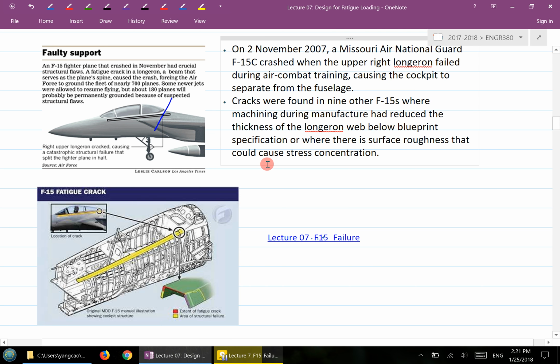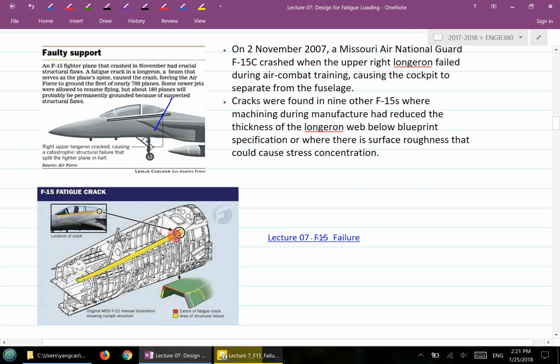Of course, things happen, and they looked into what the reason was. What they found is that in this longeron area there is essentially a discontinuous thickness, a thickness difference over this area, maybe due to the machining or whatever reason, which is different from what the blueprint specifications are.